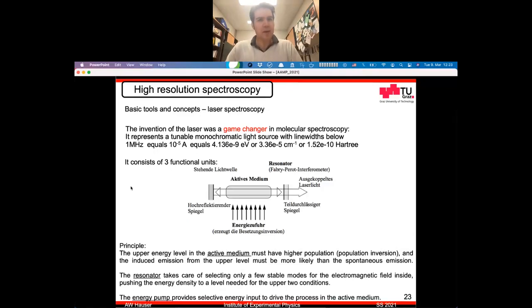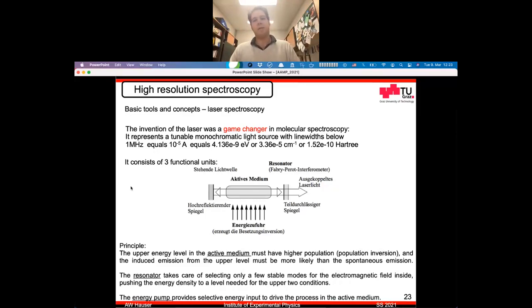So the idea of the laser system is the following. We would like to have a population inversion between two levels in some system that allows electronic excitations. For example, chromium ions in this lattice of the corundum crystal.